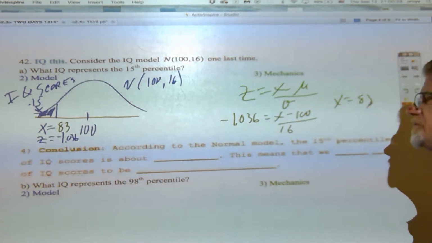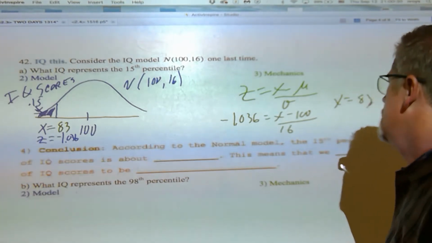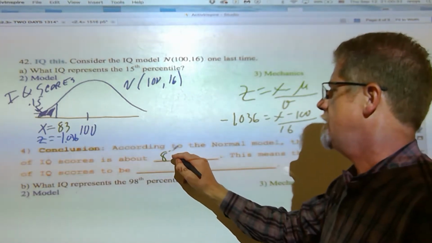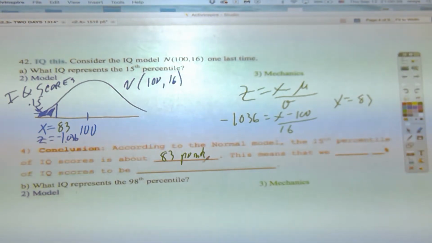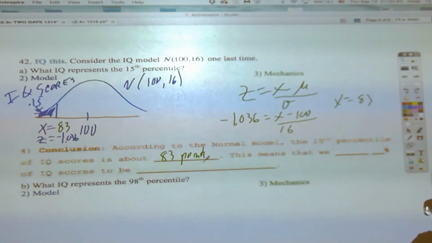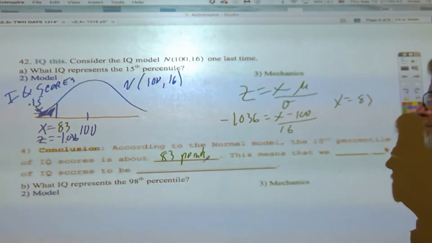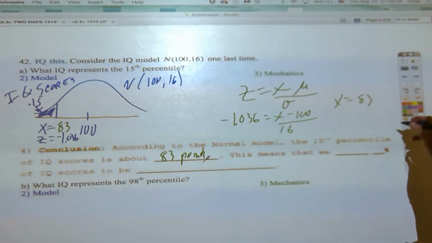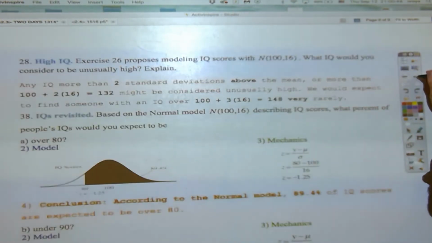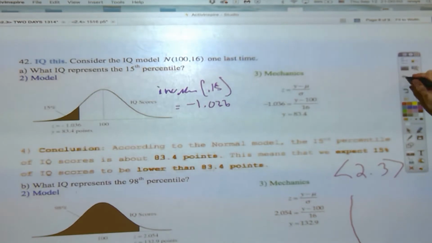According to the normal model, the 15th percentile of IQ scores is about 83 points. This means that we... what's that? Okay, how are the blanks being filled in? I don't know. So let's just take a look at this.